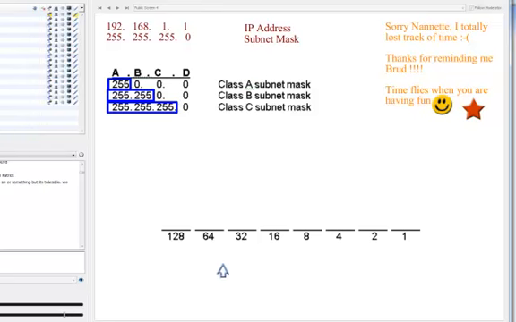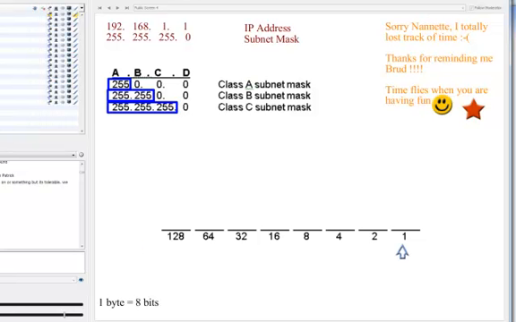What's another word for 8 bits? Great, 1 byte. So I'm going to write that down here. 1 byte equals 8 bits.